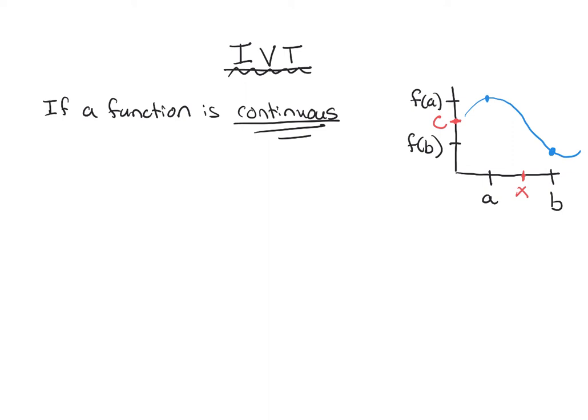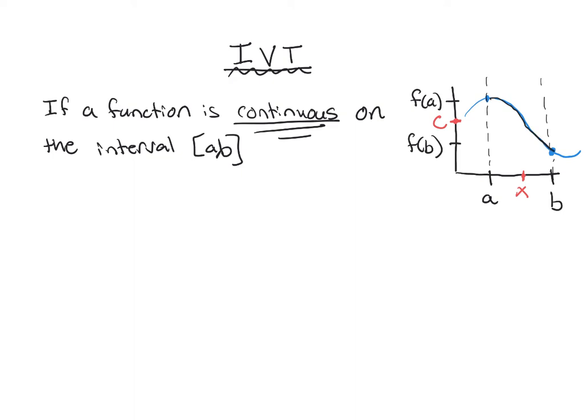So if a function is continuous on the interval from A to B, A comma B, we're stating that on the interval from A to B, this graph is continuous.